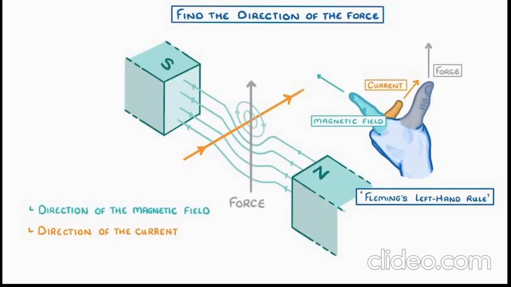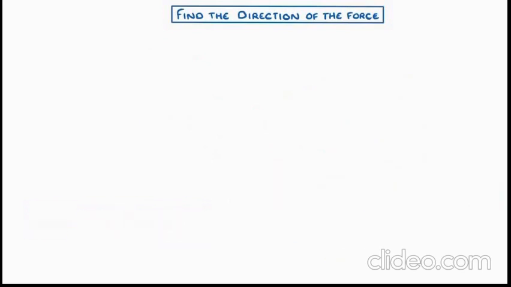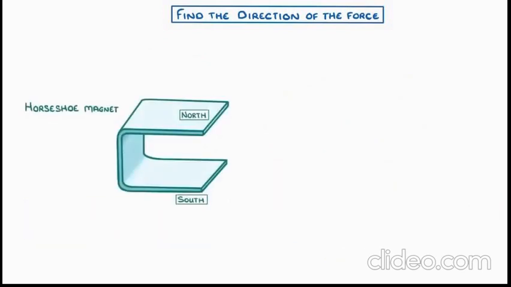Now let's dig into this concept more, how this phenomenon happens. For this case, let's take a horseshoe magnet, which is a permanent magnet.